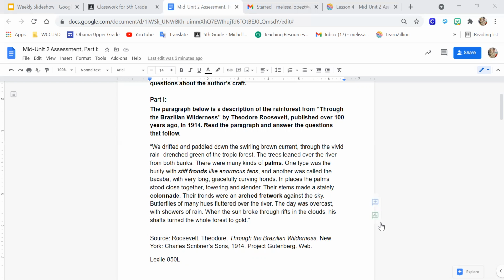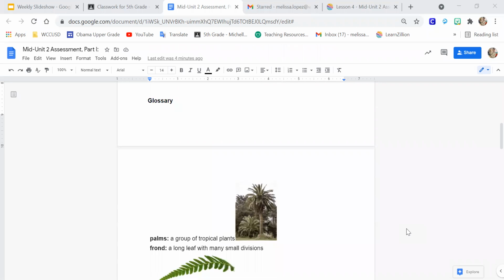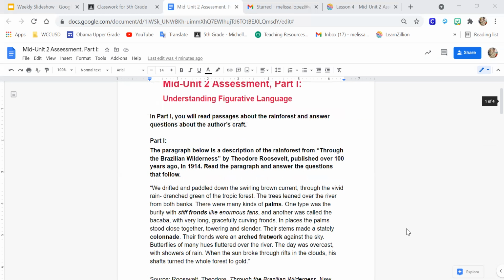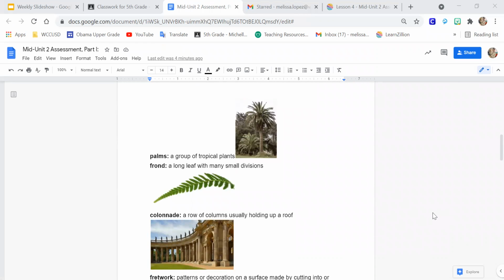Next is the source and what level of reading it is. So here's the glossary. It's an explanation of all of these bold words, okay? And I also added pictures to help you visualize what each thing looks like. So palms, a group of tropical plants. Frond, a long leaf with many small divisions.